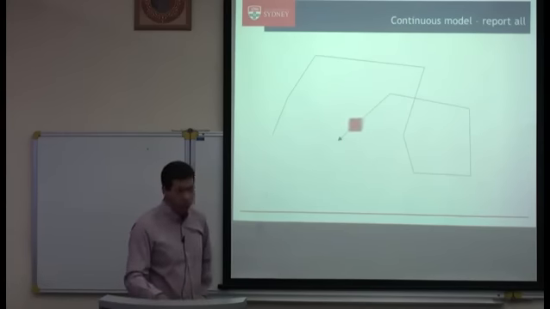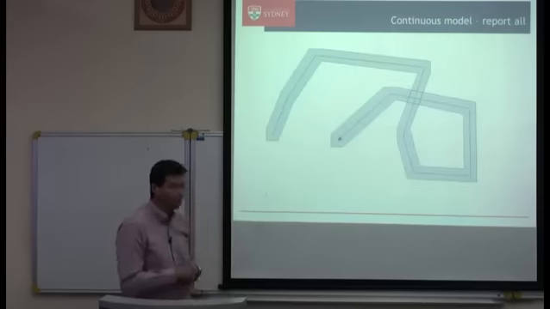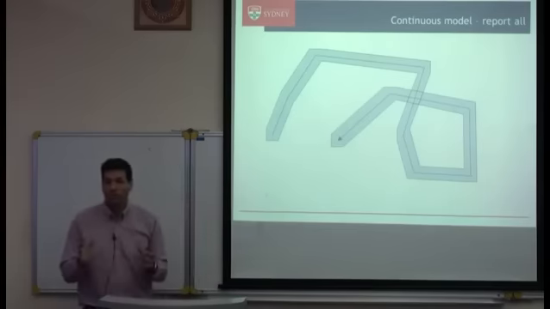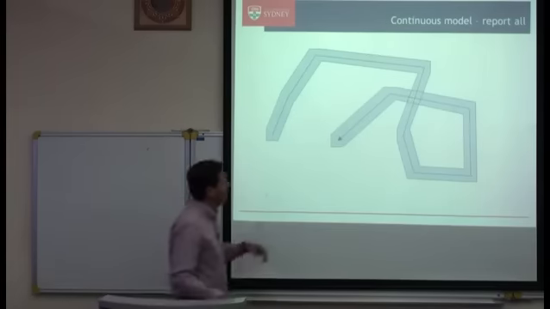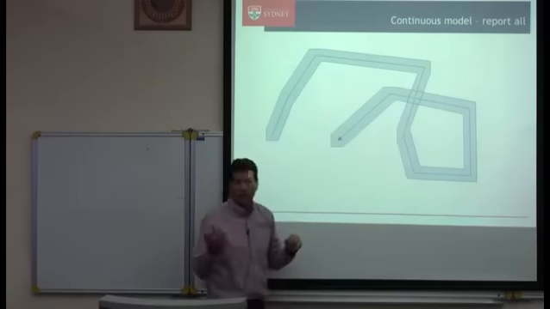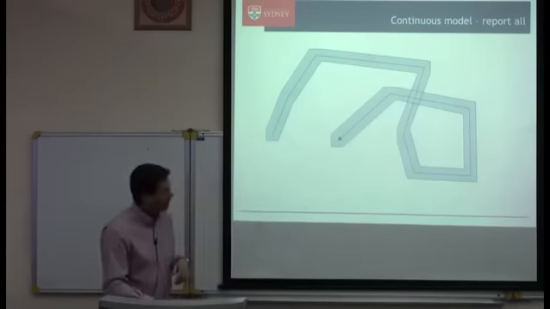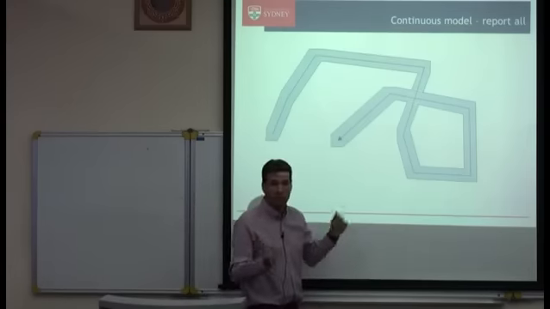This will trace some region around my trajectory. It will cover this area. It doesn't matter if I visit the same place twice, so the depth does not really matter. It's just whether I visit it or not.